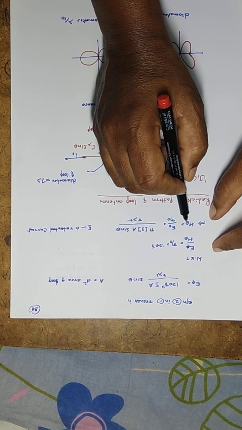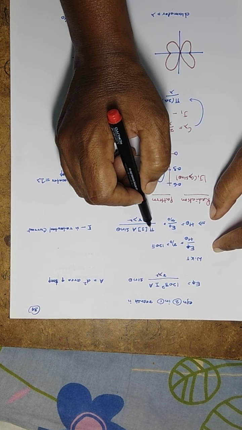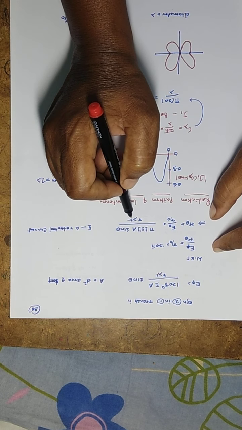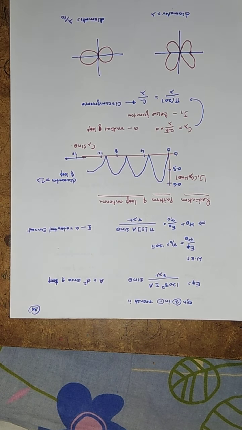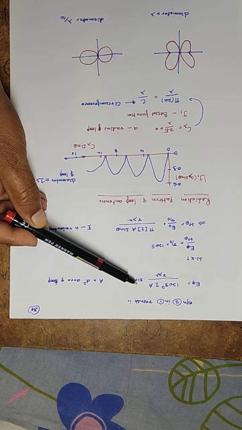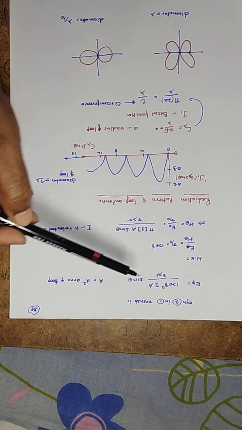As a result, H theta equals E phi by eta naught. This results in pi into I, where I is the current, into area, sin theta by R lambda square. I is called the retarded current. So in the examples, we may be asked to find E phi and H theta given current, area, lambda and other things.